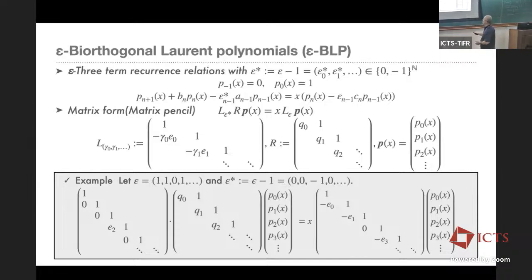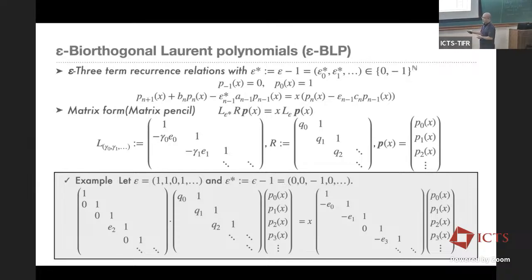But if epsilon is 1, then this term disappears, and on the other side this term newly emerges. Epsilon we can freely choose, as a selection of the type of orthogonal polynomial system.